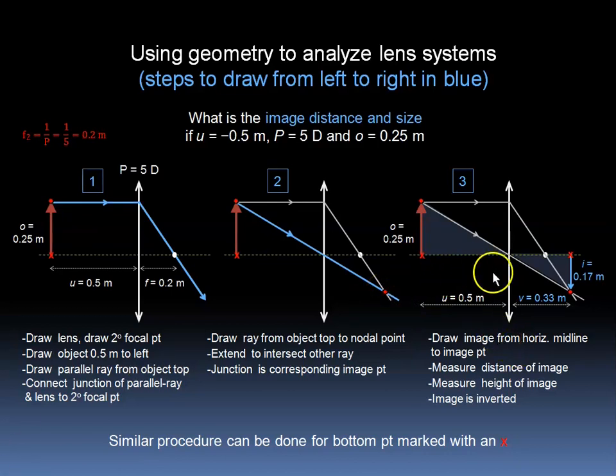We can now draw the corresponding image of the object. Note that the image is inverted compared to the object. If we were careful in drawing this diagram according to the rules up till now, we would now be able to measure the distance to the image, distance v, and we would be able to measure the height I of the image.